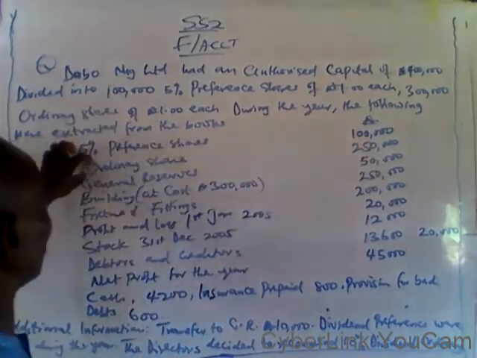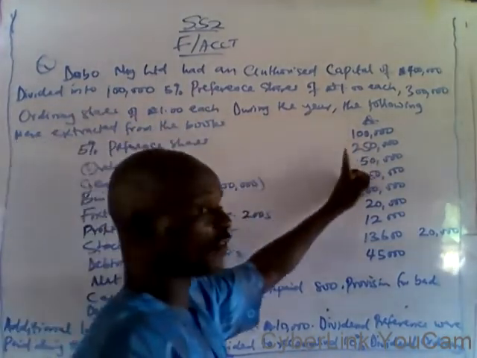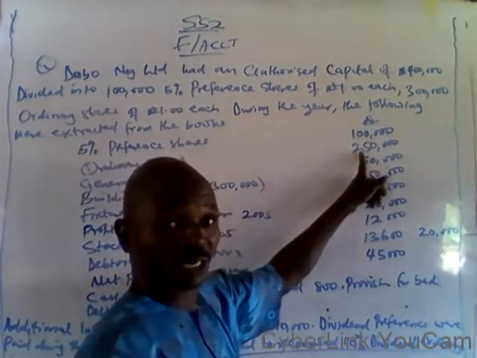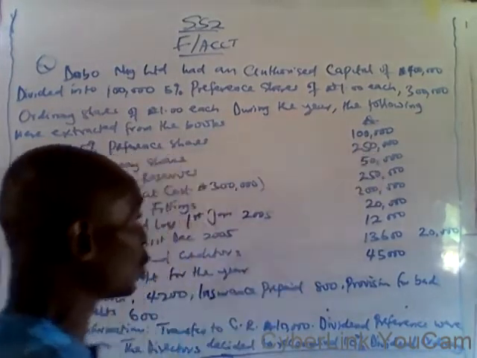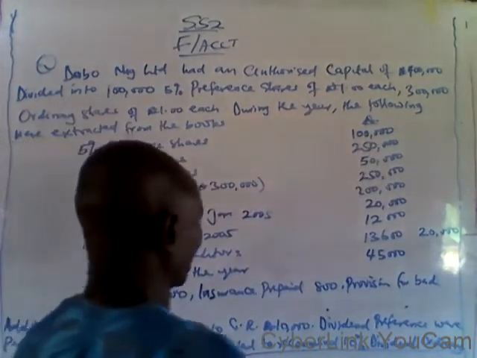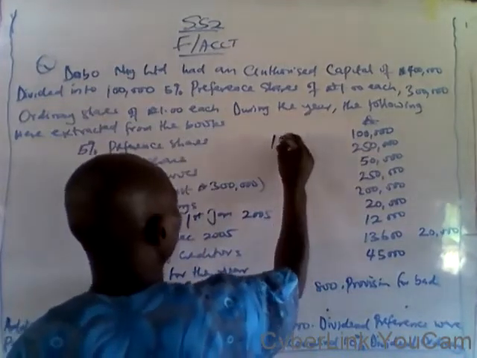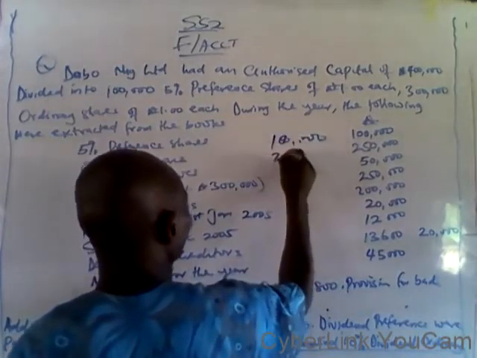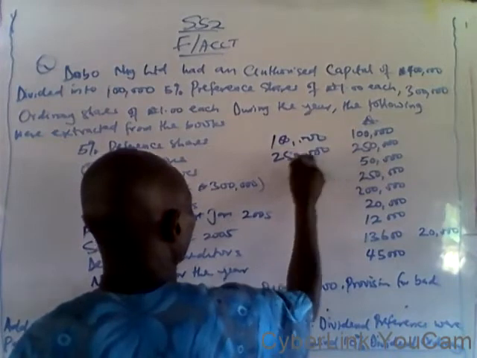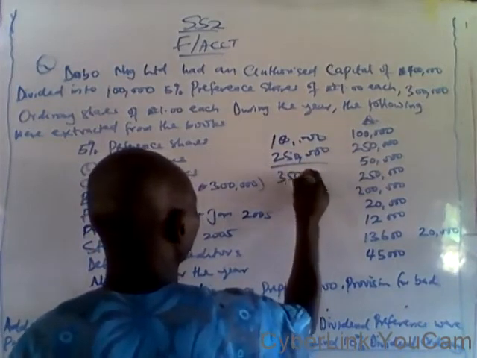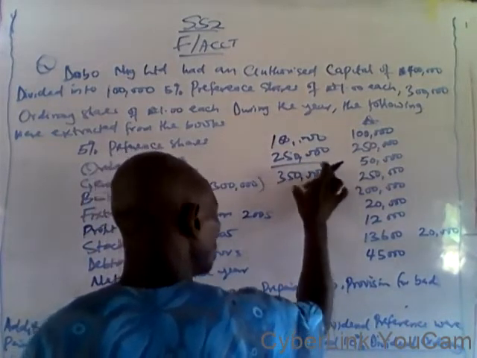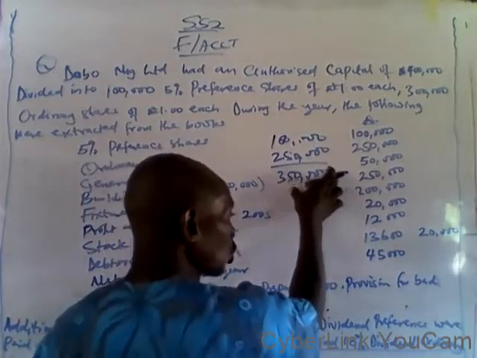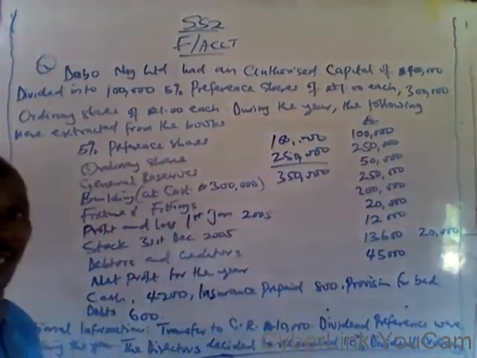And you have an ordinary share of 250,000, and you write it under the naira column. You add the two together: 100,000 and 250,000 give 350,000. You don't need to close this one; you continue with your calculation.